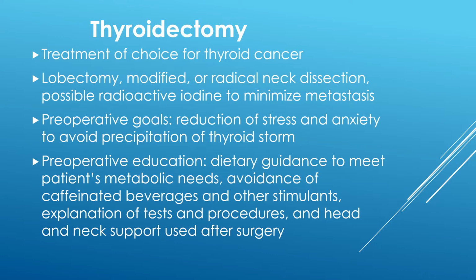Preoperative goals would be to reduce stress and anxiety, to avoid precipitation of thyroid storm. Preoperative education would be dietary guidance to meet the patient's metabolic needs, avoidance of caffeinated beverages and other stimulants, explanation of tests and procedures, and head and neck support to be used after surgery.